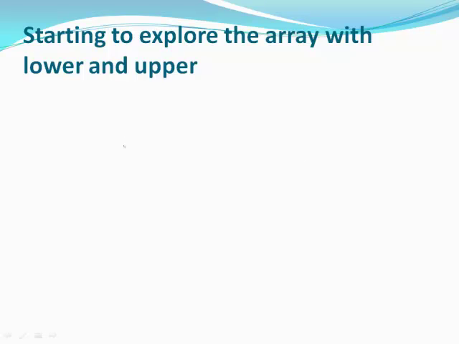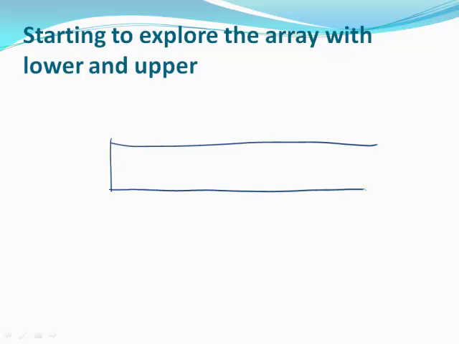So in order to begin this, we're going to explore the array with lower and upper. Let's say that initially lower is equal to 0, and high is equal to n.